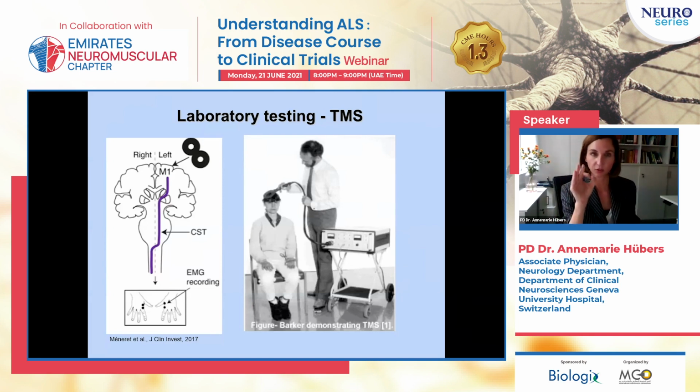This magnetic field induces then an electric field in the motor cortex, and via this electric field motor neurons can be activated, and with this the physiological response of this activation of the motor neurons can be recorded at the level of the muscle, like for example the hands or also the legs.